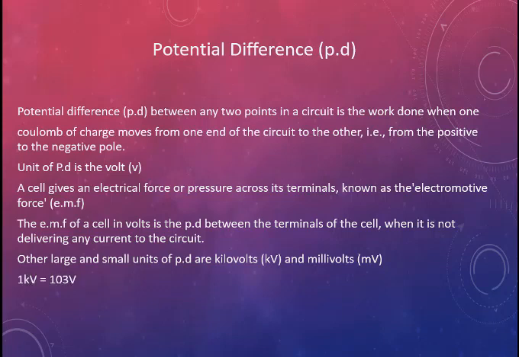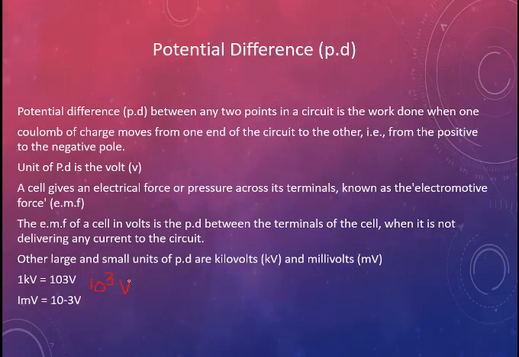1 kilovolt equals 10 raised to power 3 volts. It's supposed to be 10 raised to power 3 volts, so don't mind my typographical error there.